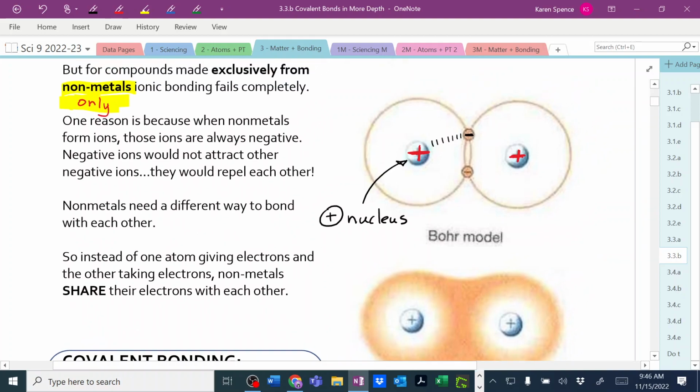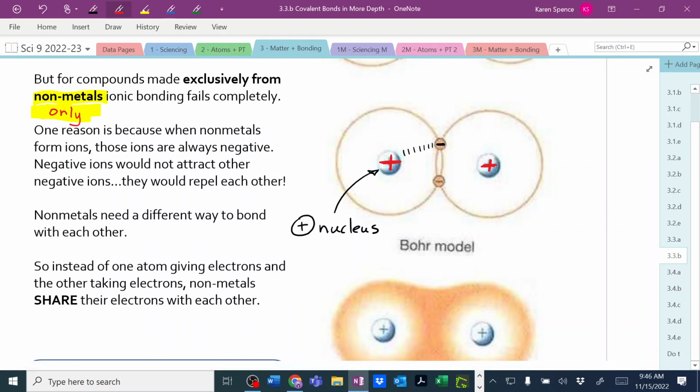And in between the two atoms, what are these things here? Those are the shared electrons. And of course, the shared electrons are negative. So positive attracts to negative.